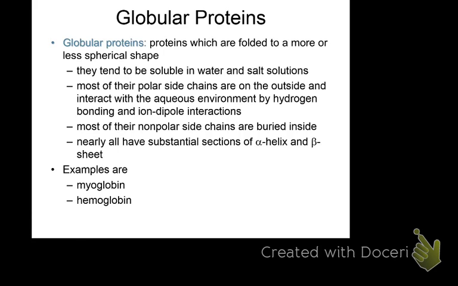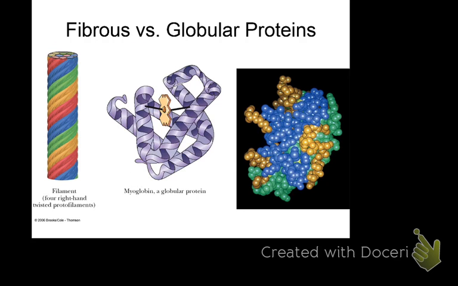And so myoglobin and hemoglobin are the textbook examples. So this is just a comparison between the two. We have the filaments, with the protofilaments, which means the little parts that come together. That's myoglobin. What's the thing in the middle of myoglobin? Does anyone know?